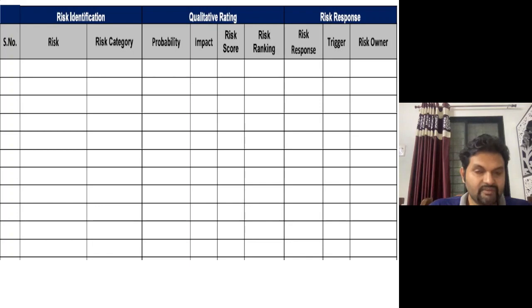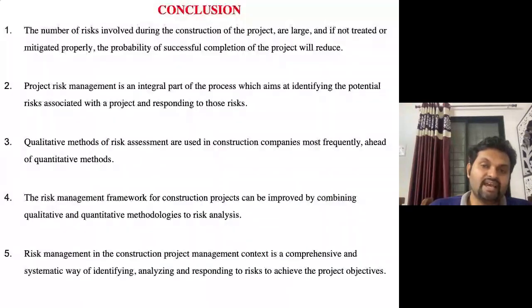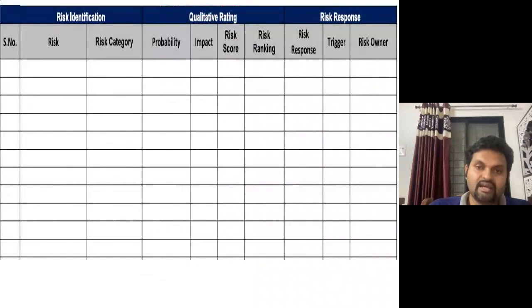Then what are the risk categories I'm having? Then what is the probability of occurrence of the same on a 1 to 5 scale? Probability of the impact, and then the risk score I'm going to calculate by putting in the formula. On the basis of that, I'm going to calculate the risk ranking for the same.